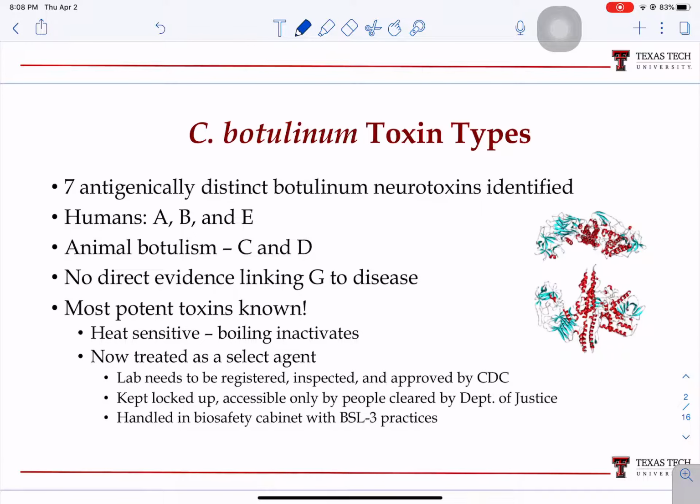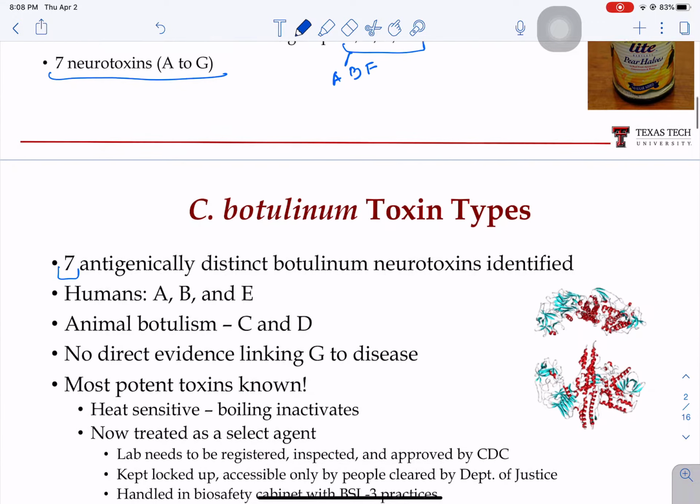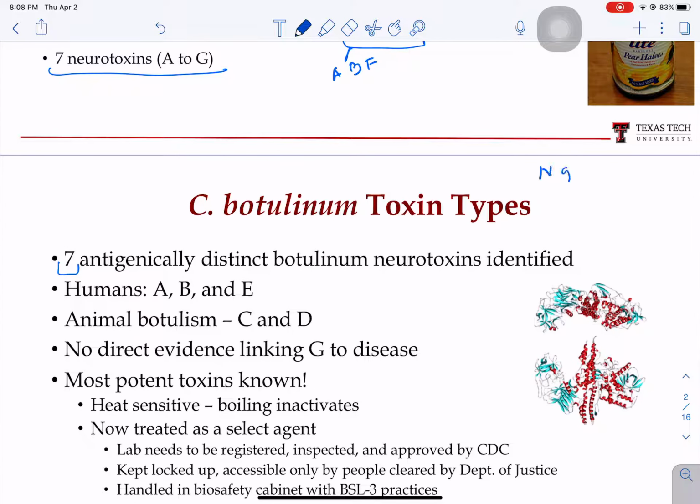And what about these different neurotoxins? So the most common toxins associated with humans are of the 7. So please do not get confused with the 4 groups and 7 neurotoxins. These are 2 different classifications. So these are 4 groups of C. botulinum, and these are 7 different neurotoxins.